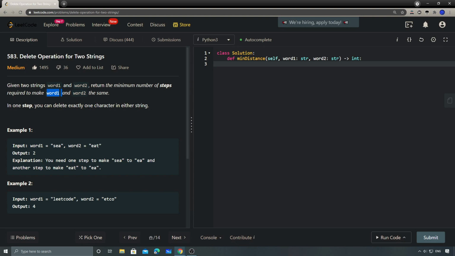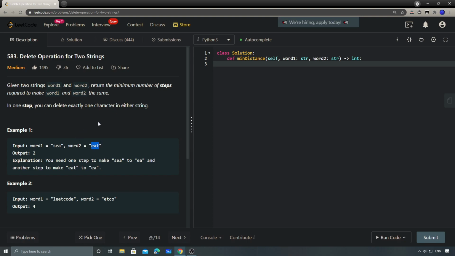And obviously we can always make them the same if we just remove everything, right? Because an empty string equals an empty string. But we want to get the minimum number of that. So for example, we have SEA and EAT.